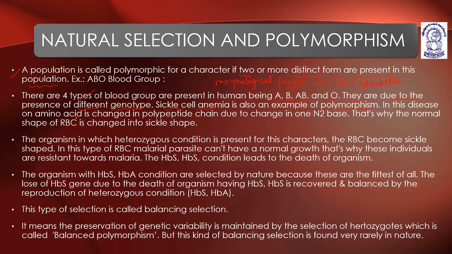In this disease, an amino acid is changed in the polypeptide chain due to the change in one of the nitrogen bases. Glutamic acid on the sixth position of the beta chain is replaced by valine.